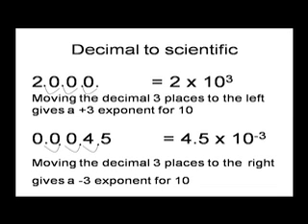Let's make a definition of scientific notation. Scientific notation is a number between 1 and 10 in front, multiplied by some power of 10 that would indicate what place it's in. Let's take an example of a number, and let's use the number 2,000.